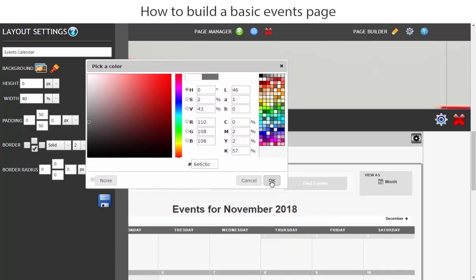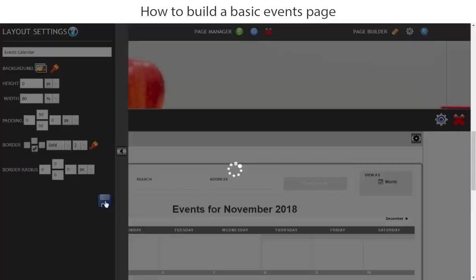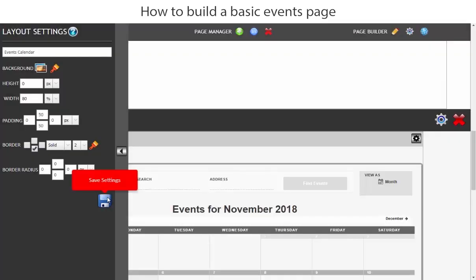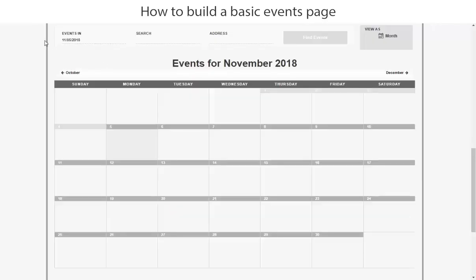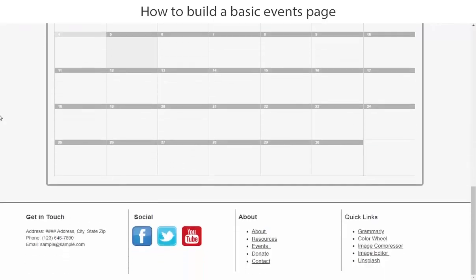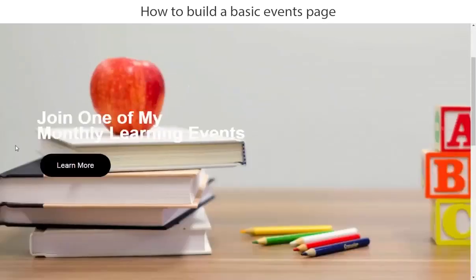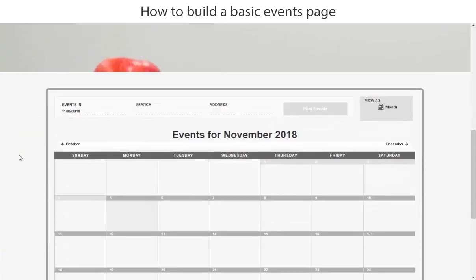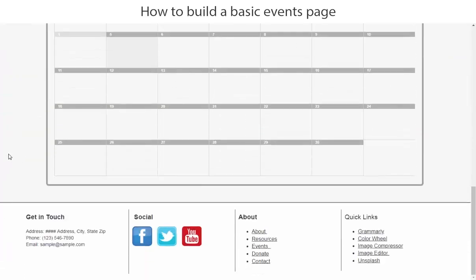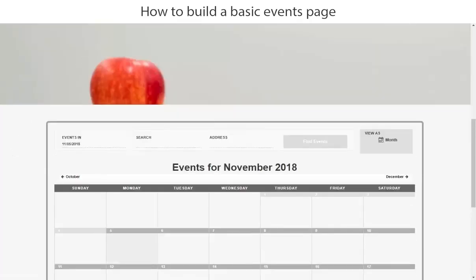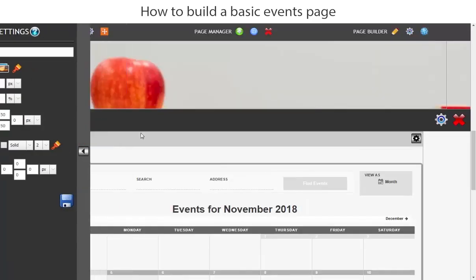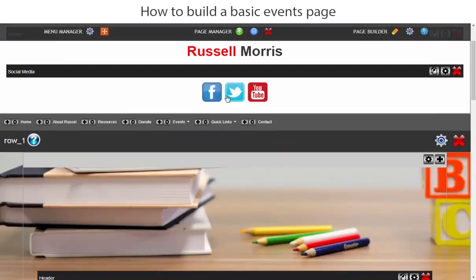So let's click OK to save that color and save the changes, and now let's take a look. Now we have a line above the footer, and this looks much better. There's a clear cut between each section, and I think that's about it for the events page. So now let's go back to the builder, and we will start working on the events form.